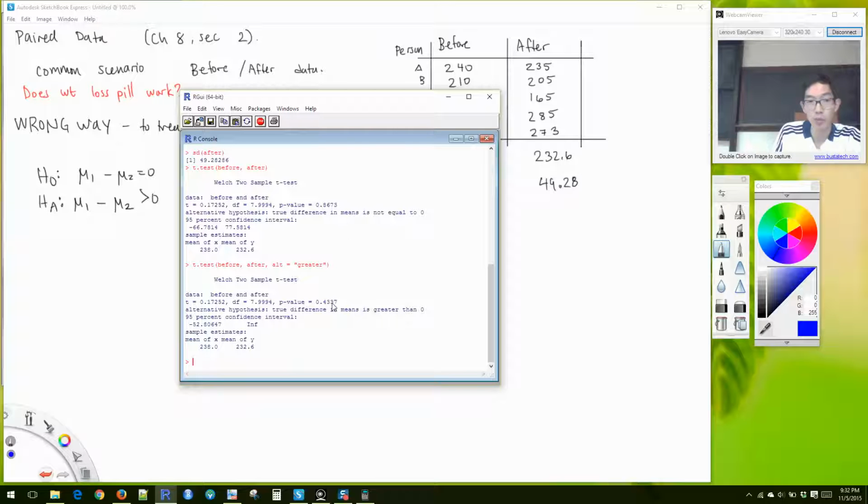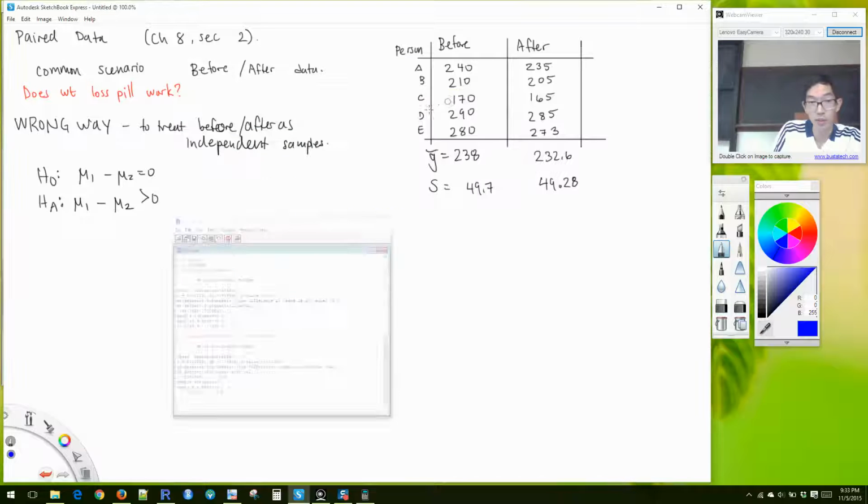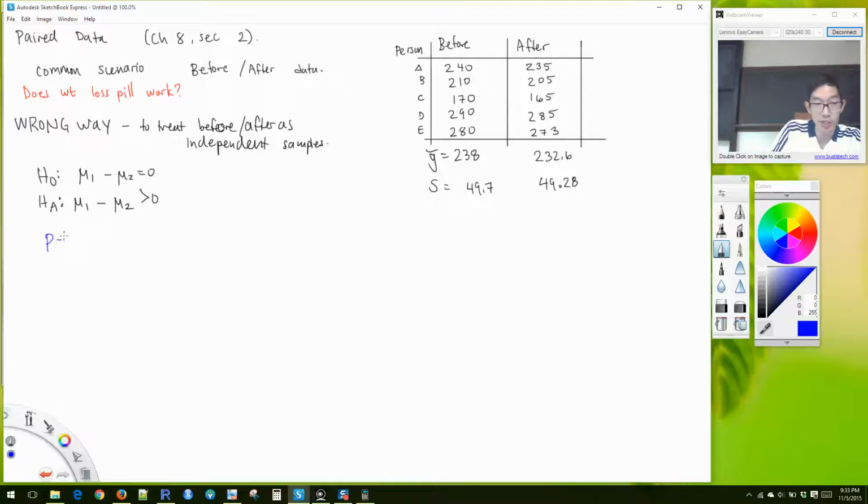So my p-value ends up being 0.4337, and I would come to the conclusion not to reject.